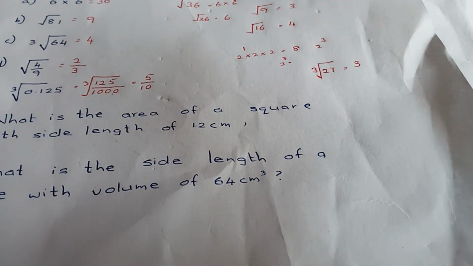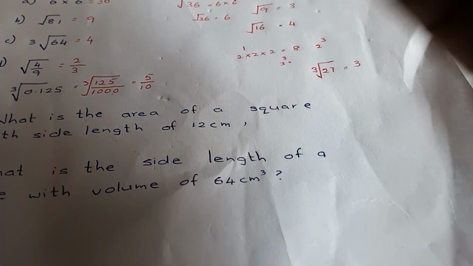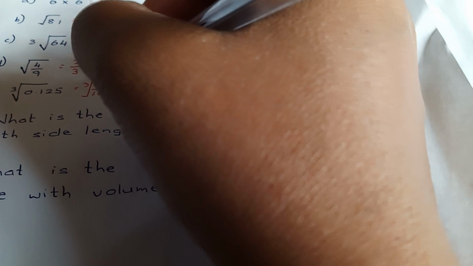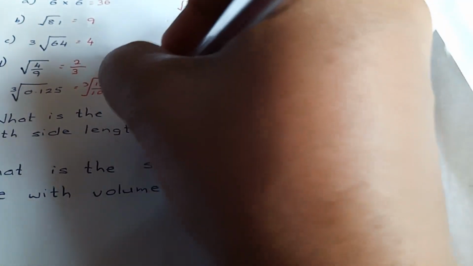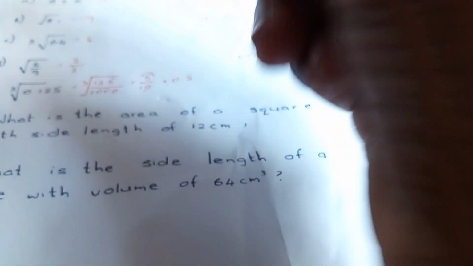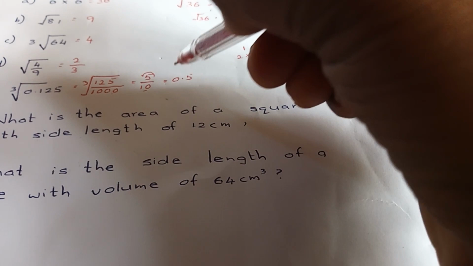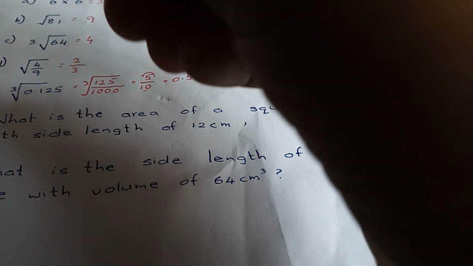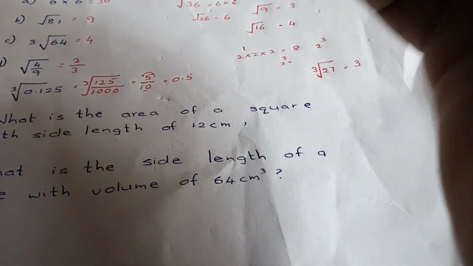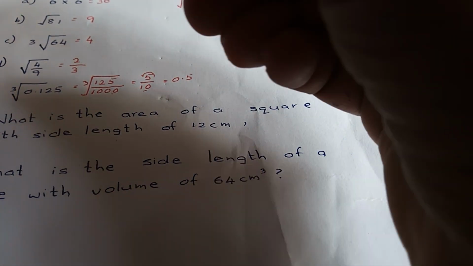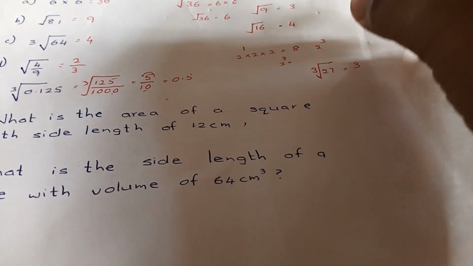Now 5 over 10 is given as a fraction, so how to convert it to a decimal? 5 over 10: you have to move one decimal place to the left. So the answer is 0.5. Cube root of 0.125 is 0.5. That means 0.5 times 0.5 times 0.5 equals 0.125.